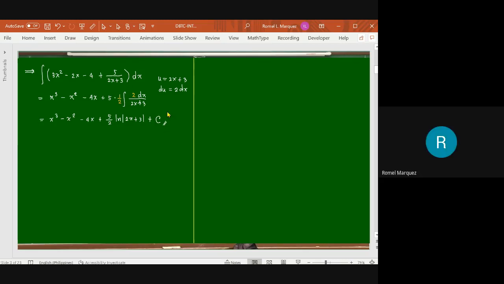See, it's very easy. Let's have this last involving a rational, improper rational function algebraic in form.